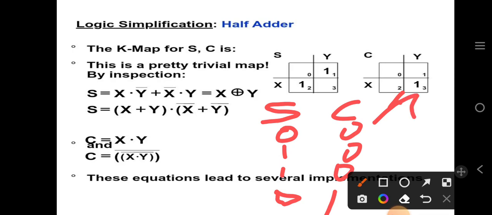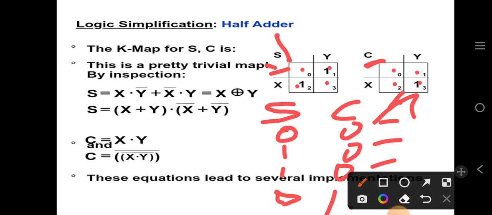So if you plot 0 1 1 0, then 0 1 1 0 in the K map. So this is a 2 variable K map for the sum and this is a 2 variable K map for carry. So 0 0 0 1. So we have plotted the 2 columns of sum and carry in the K map.